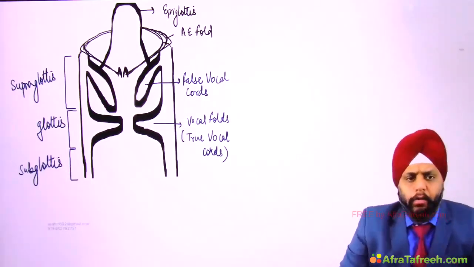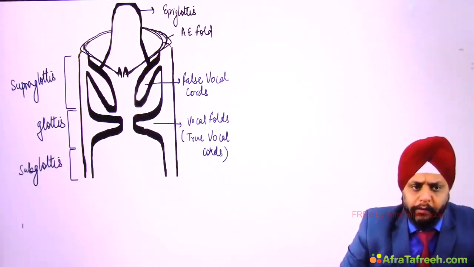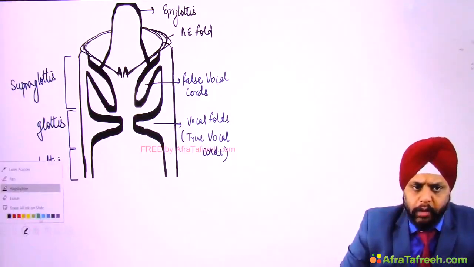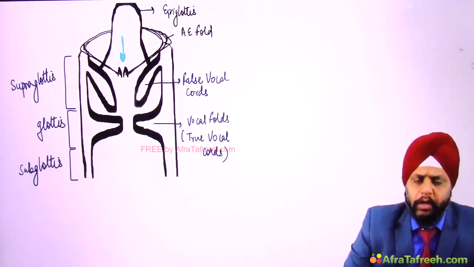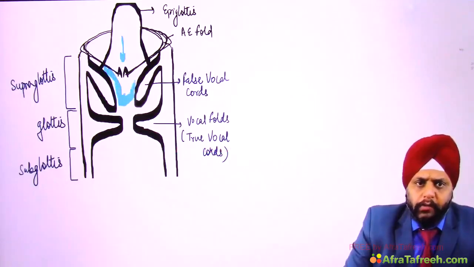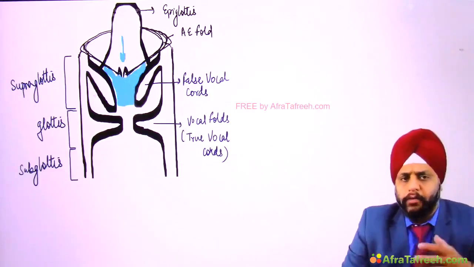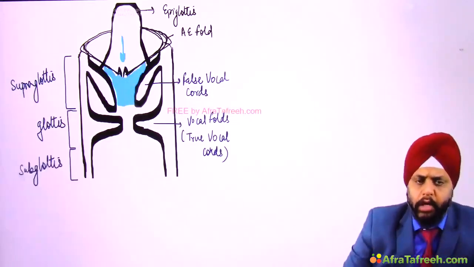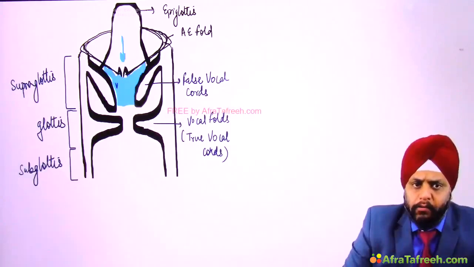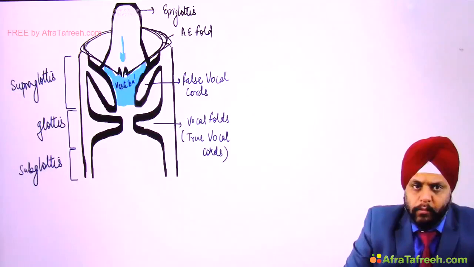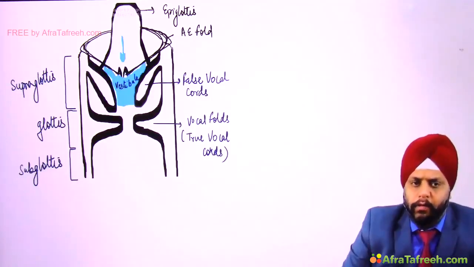Now the air goes from the laryngeal inlet inside. You can see that the air goes inside, and this space that I am now shading is a part of the airway. This imaginary space over here we have named the laryngeal vestibule.